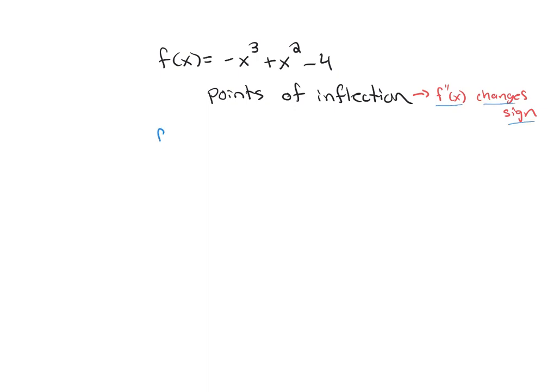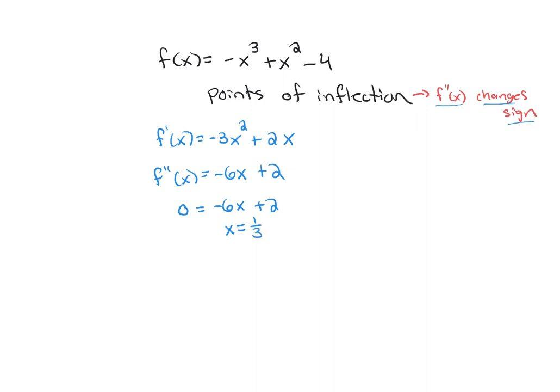Okay, so let's take the first derivative, which is negative 3x squared plus 2x. Let's take the second derivative, which is negative 6x plus 2. Let's set this equal to 0 so that we get x equals, subtract 2, divide by negative 6, a positive 1/3.